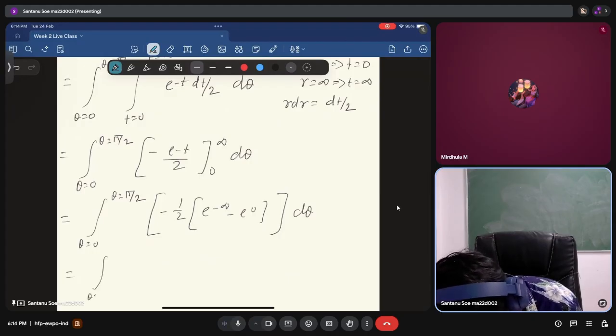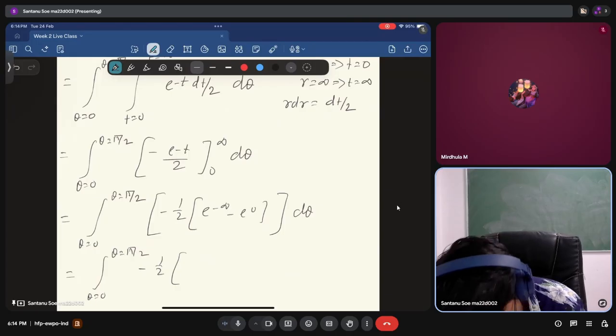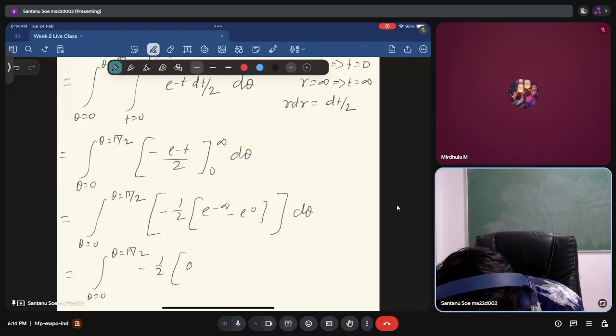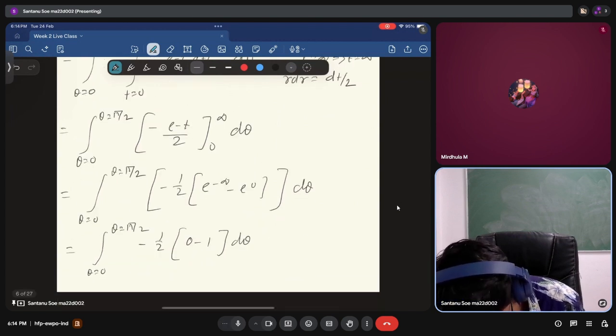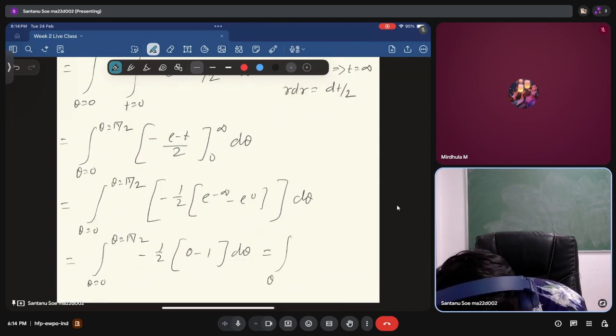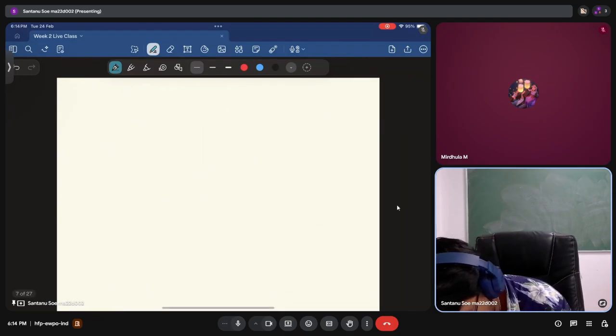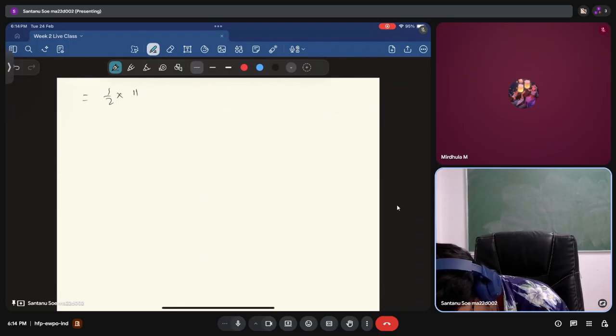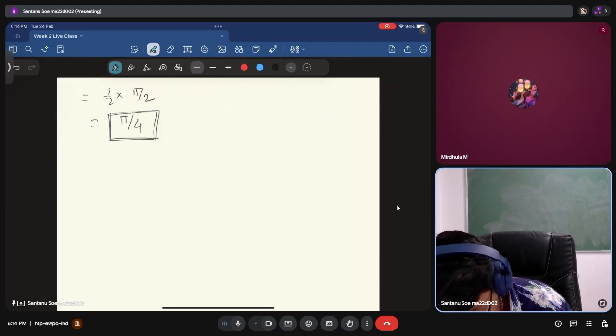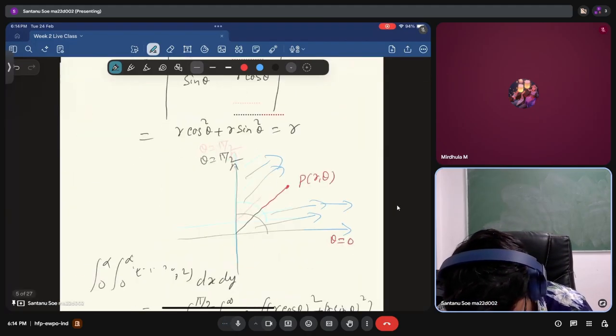So this is theta equals 0 to pi by 2 of minus 1 by 2 times 0 minus 1, d theta. This is theta equals 0 to pi by 2 of 1 by 2 d theta, and this is nothing but 1 by 2 into pi by 2, so this is pi by 4. So the answer of our question should be pi by 4.